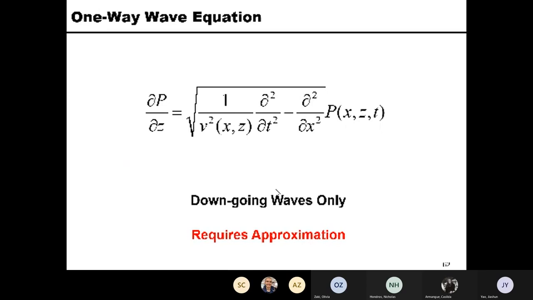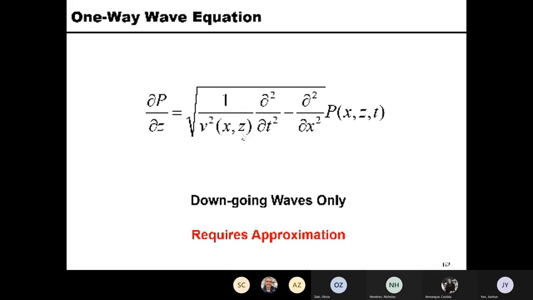What trouble? Because there's a square root here, and we don't know how to solve the square root, right? So for that square root, we can use Taylor expansion. Again, we do Taylor expansion on functions, but not on the second order derivative operator, right?